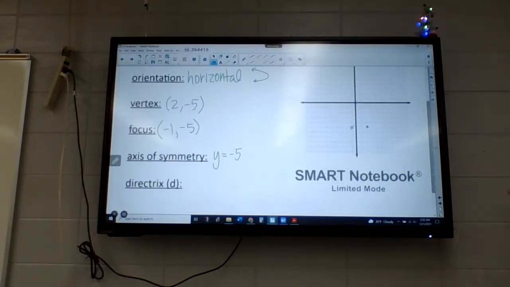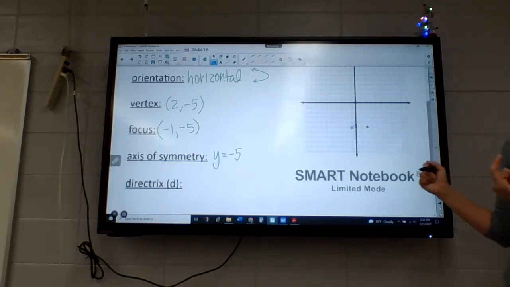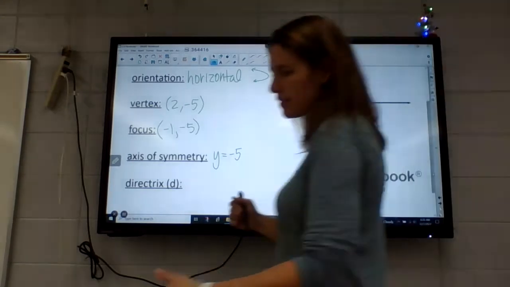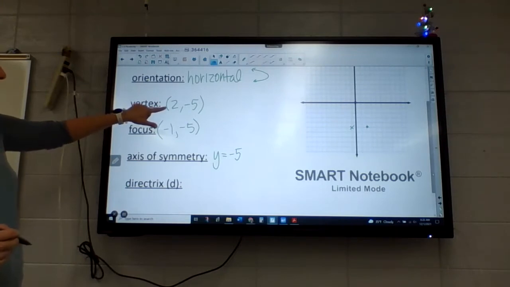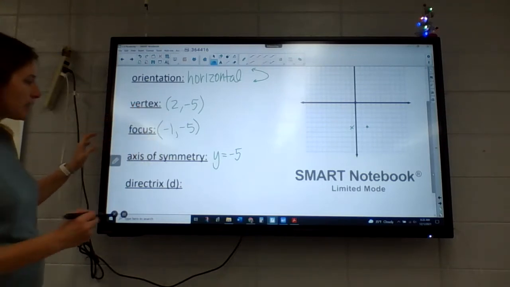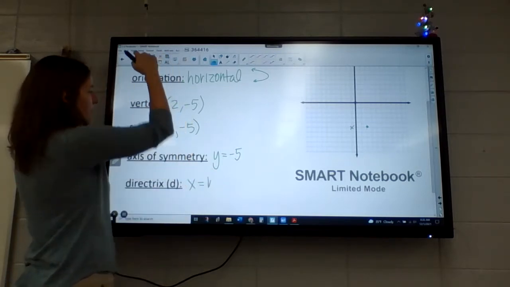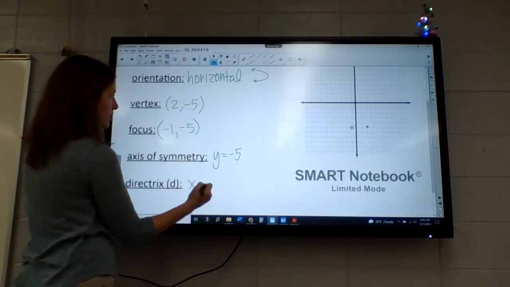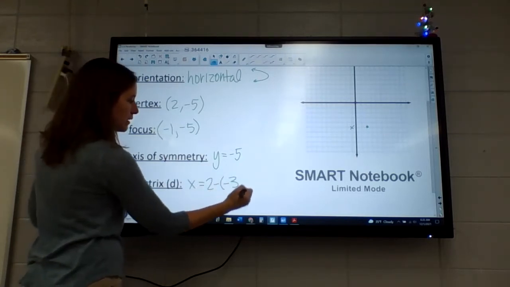The directrix is on the opposite side of the vertex, and it's always the same distance from the vertex to the focus. So if I just want to go 1, 2, 3, I can just go 1, 2, 3 this way. Also, we can look at our equation that says h minus p. So 2 minus a negative 3.